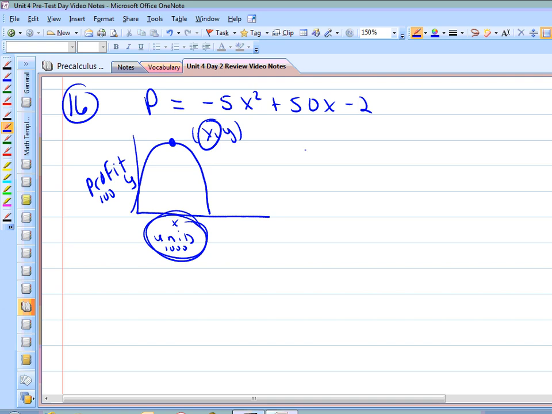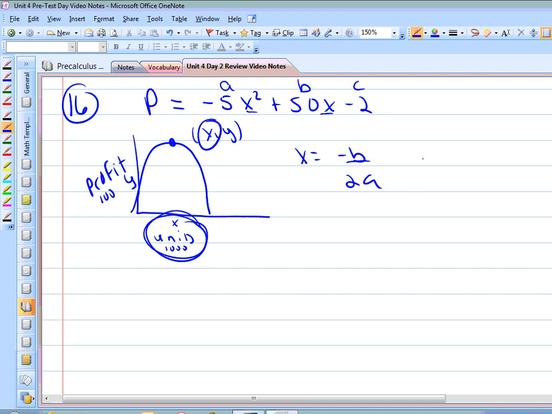That's the easy one. So we're going to say X equals negative B over 2A. Now, if it asked you what the maximum profit was, then you would have to take your X value and plug it back in for the X's and find the profit. Make sure you recognize that. Read carefully. So A is negative 5, B is 50, C is negative 2.